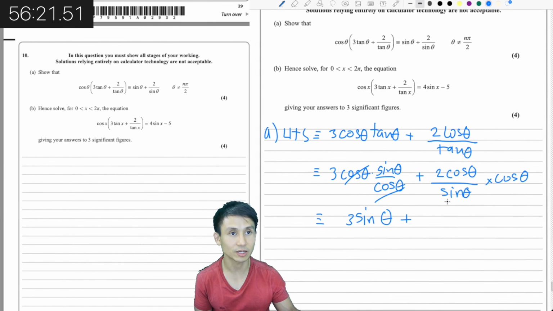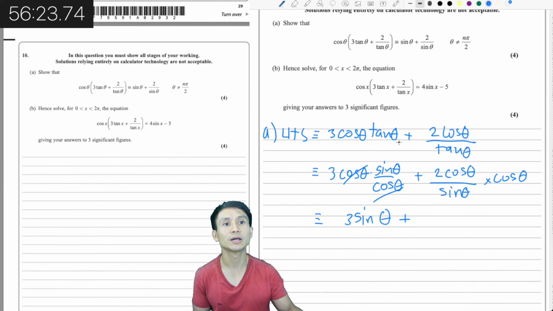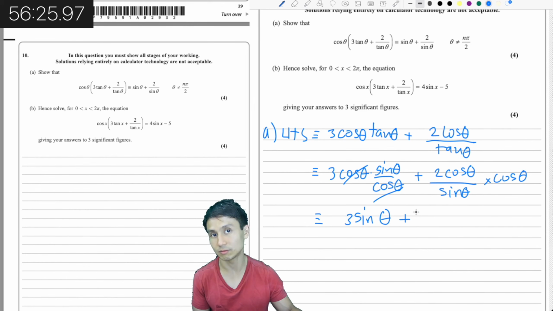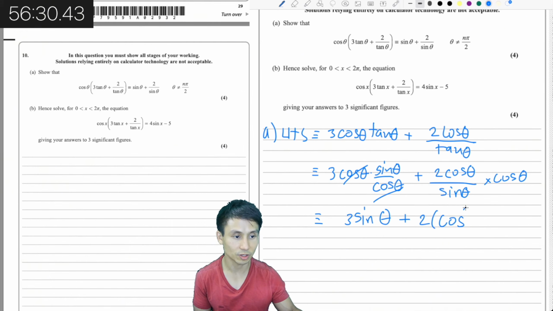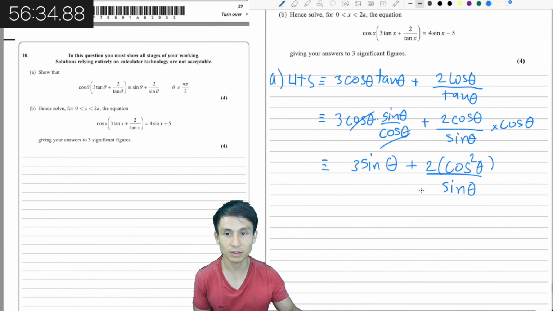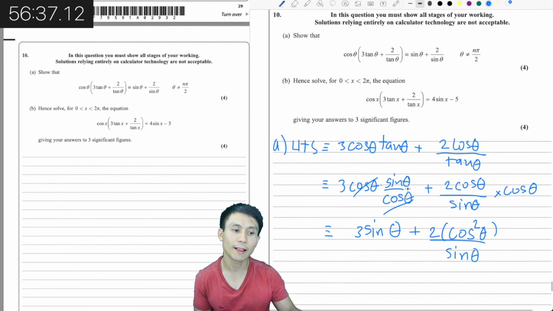Right. Okay, so we should get, this is 2 cos squared theta over sine. Right. If we, let me check. Okay.